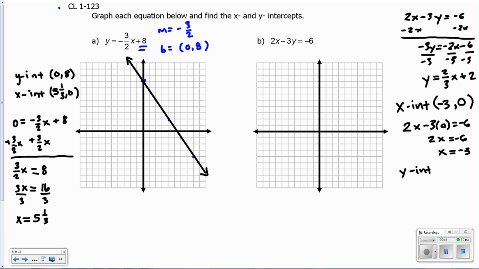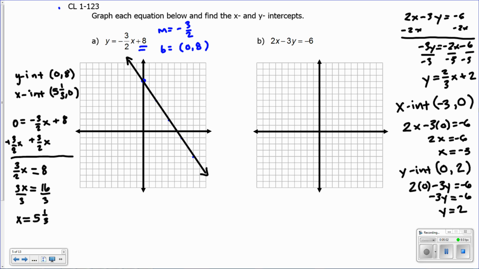For the y-intercept, we know our x is going to be 0 this time, and we're just trying to find the y. So 2 times 0 minus 3y equals negative 6. So negative 3y equals negative 6. We divide each side by negative 3, and we get y equals 2, which it already does up here. We're good to go with that.